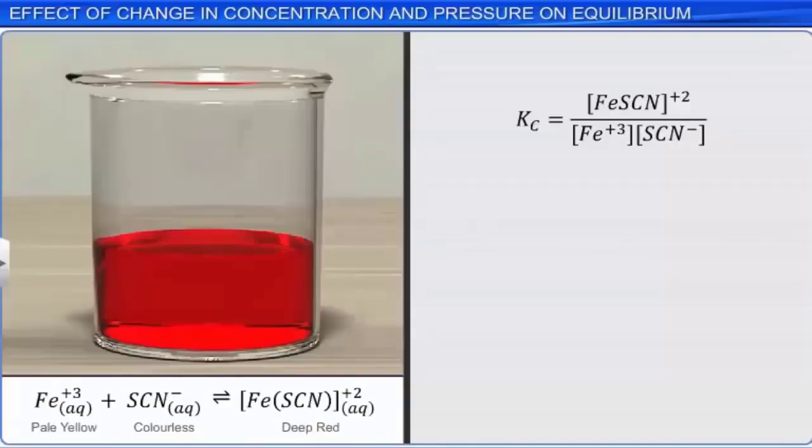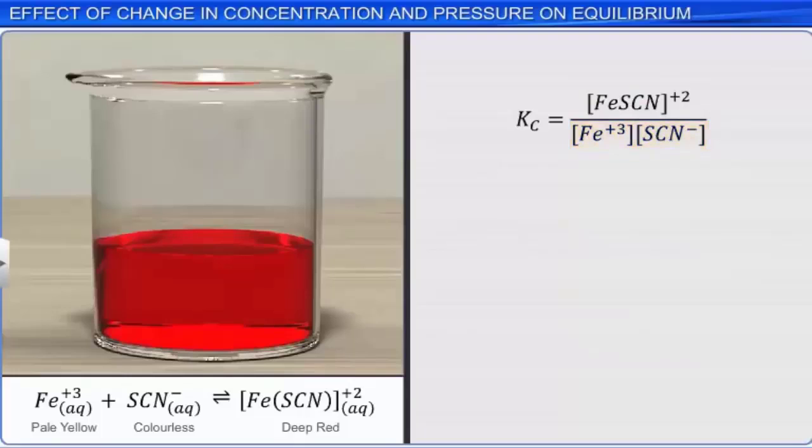The equilibrium constant, Kc, for this reaction can be written as Kc = [FeSCN+2] divided by the product of concentrations of Fe+3 and SCN-.